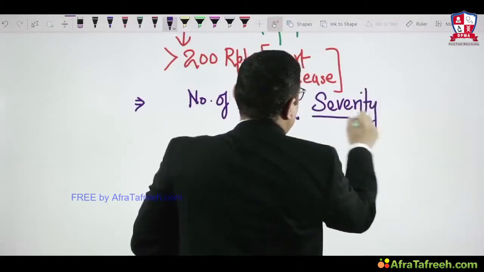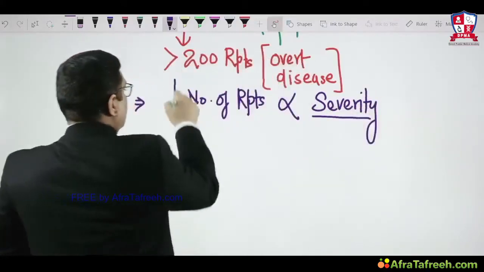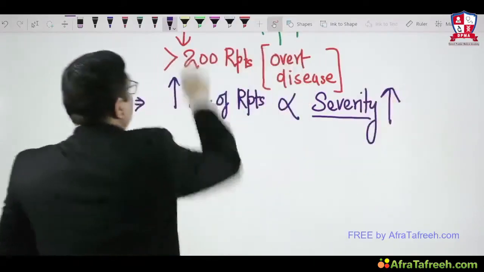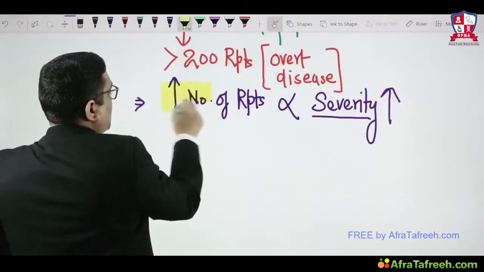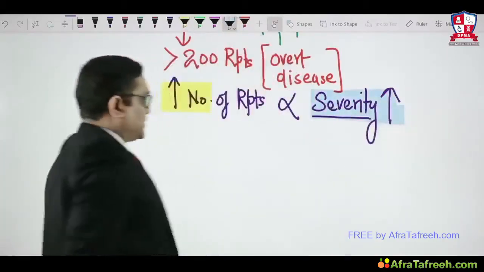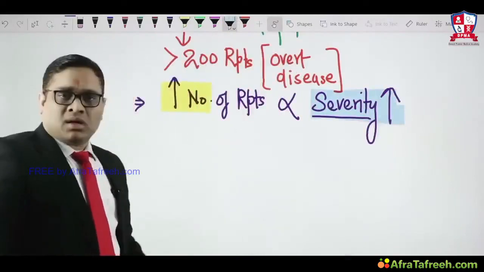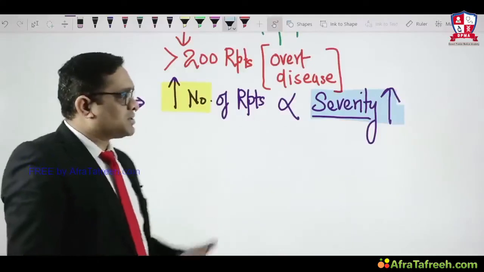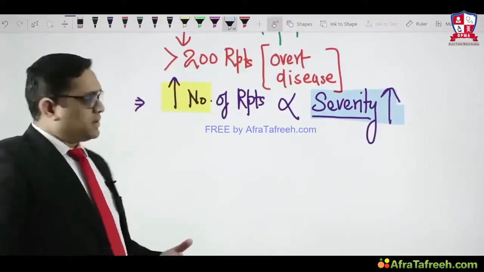So whenever you find an increase in the number of repeats, the severity of the disorder will also increase. So that was the statement in the All India exam, which was a true statement.